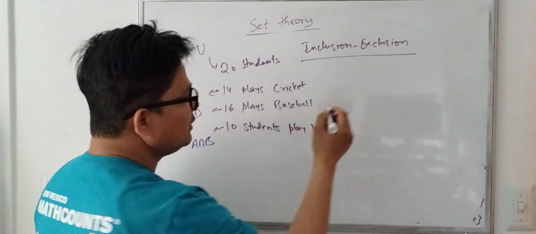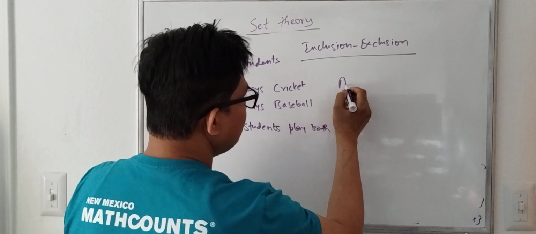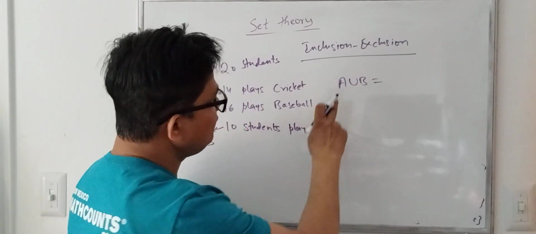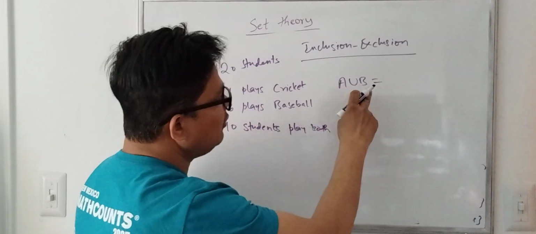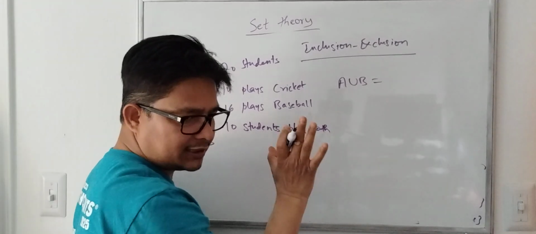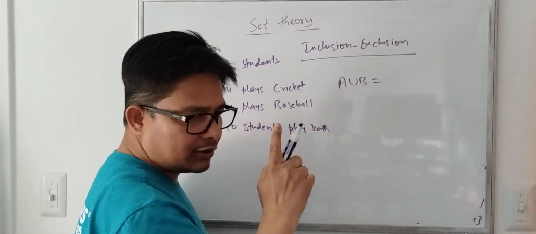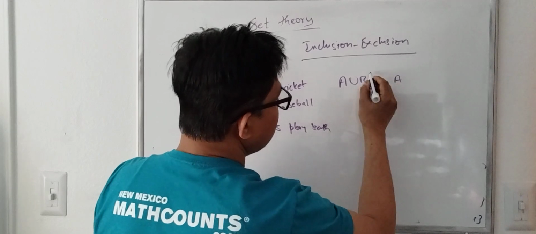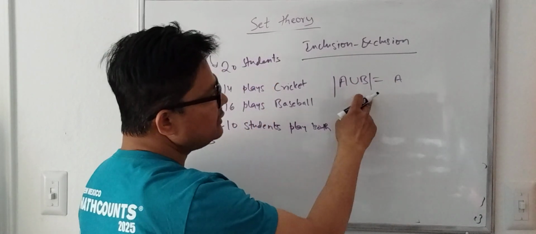Got it? So the formula is A union B. A union B means either in A or B or in both. Three things are there. Either in A or in B or in both. You remember this sign?